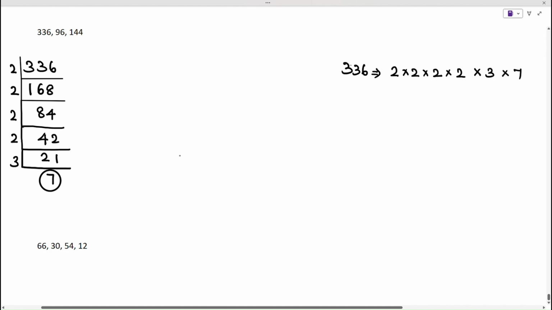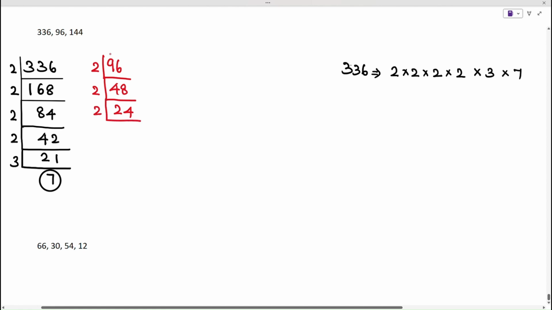Now we'll do the same for 96. 96 is a multiple of 2, so we can divide it by 2 and we'll get 48. 48 divided by 2, because it's even, gives us 24. 24 is also even.